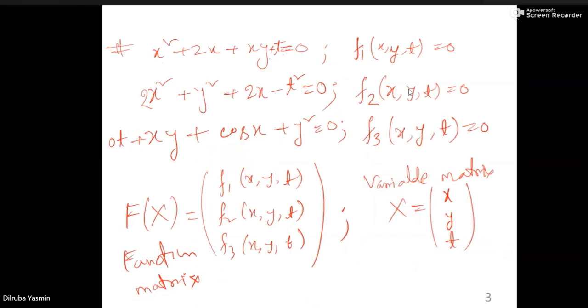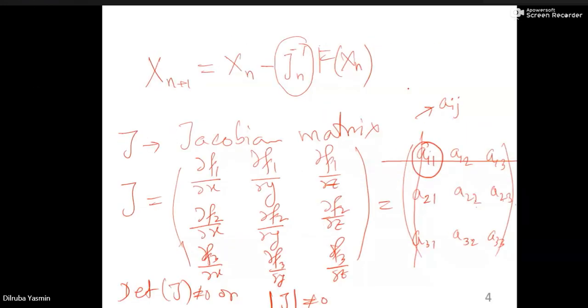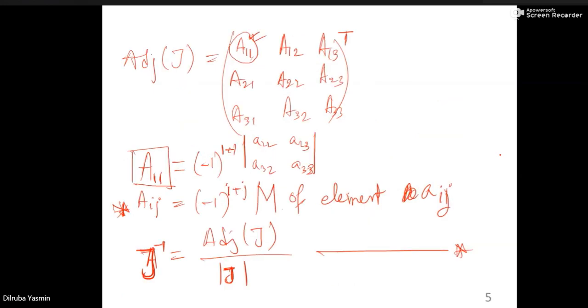So you have the Jacobian matrix. Here you get a 3 by 3 matrix, and in the example you will see a 2 by 2 matrix. It doesn't matter. You have to follow the process to find the adjoint Jacobian matrix. What is it? You have to find the cofactors of each element. You have to follow this formula.